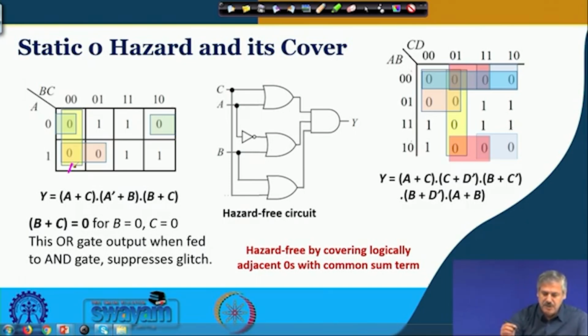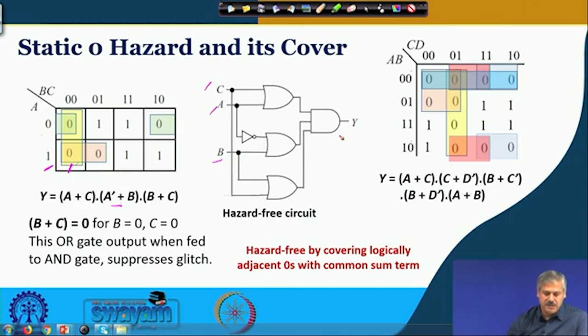So, this particular circuit has one sum term, a plus c, and another sum term, a prime plus b. So, this is the one with which we started today's discussion.